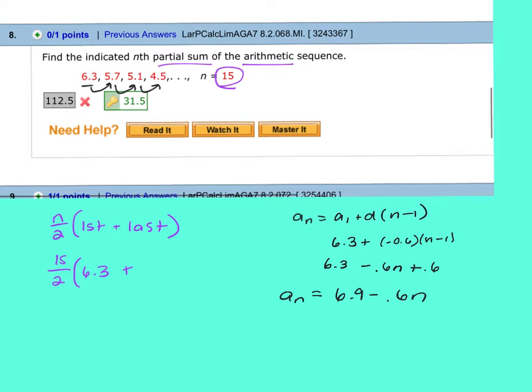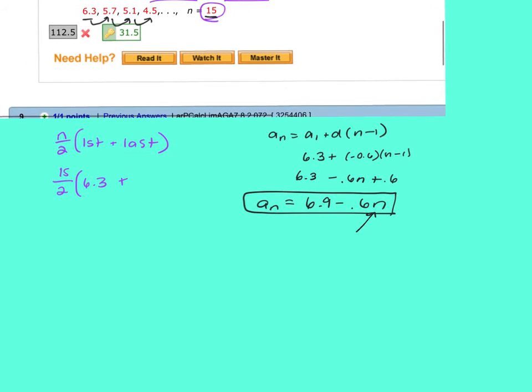So that's your a sub n. Now to find the 15th term, I just plug 15 in there. 6.9 minus 0.6 times 15. 6.9 minus 9, and then I'd get negative 2.1.